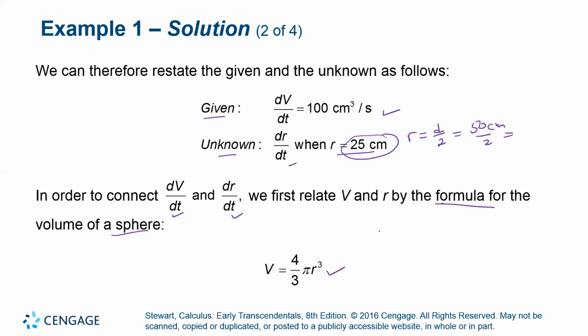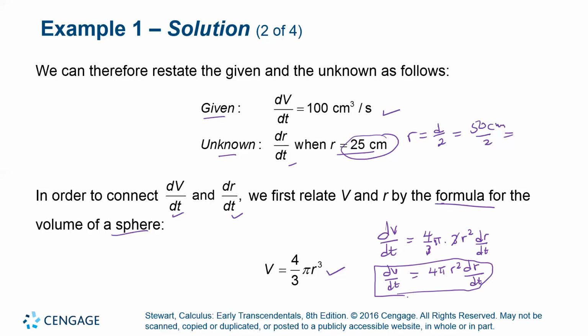If I differentiate that, dV/dt will be 4/3 pi, because pi is a constant, times 3, because the radius will be r squared dr/dt. When you simplify that, this gives me 4 pi r squared dr/dt, and this is equal to dV/dt. Notice that this is what connects both dV/dt and dr/dt.